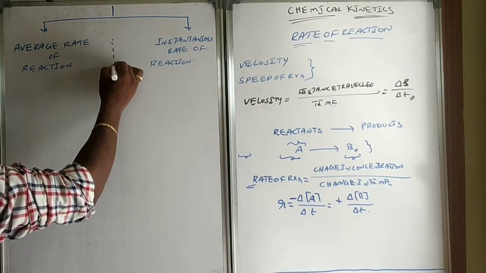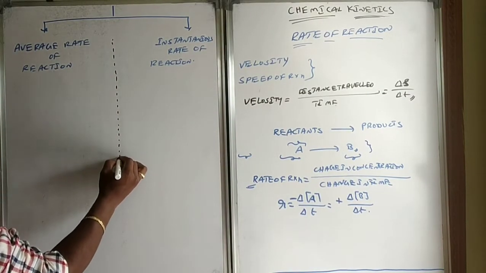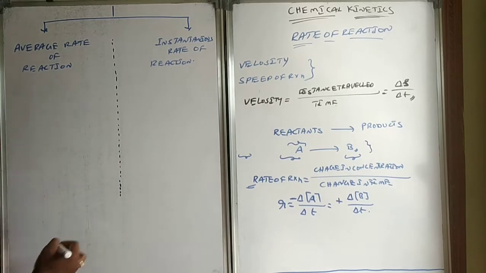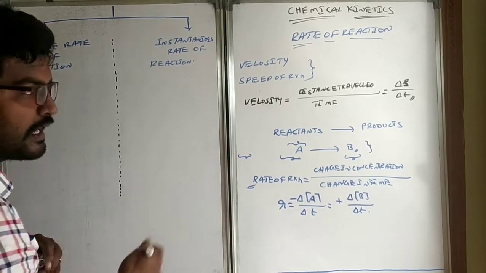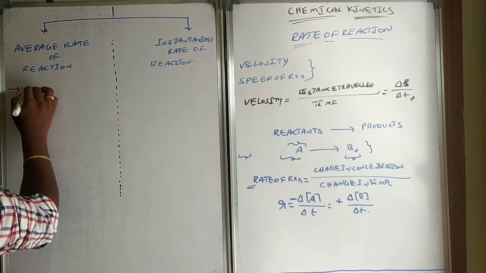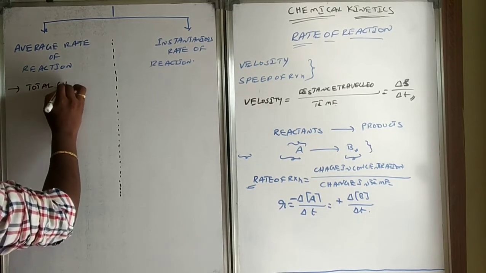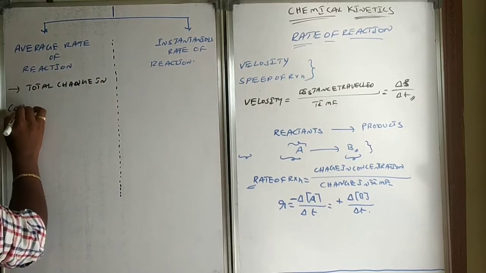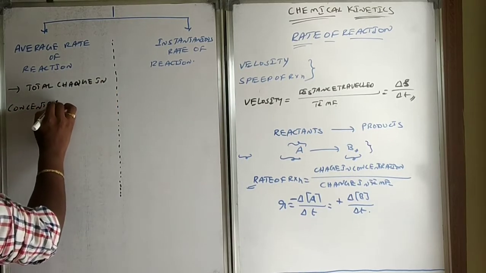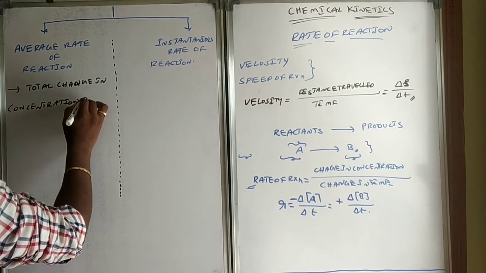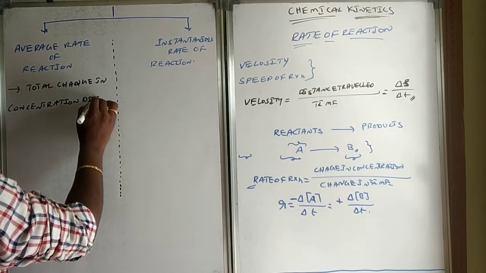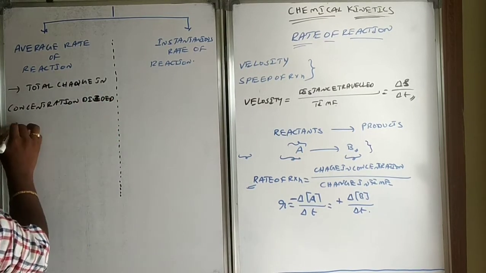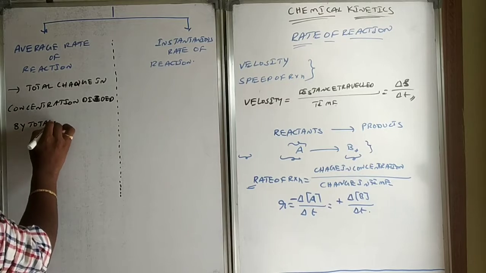What are the average rate of reaction and the instantaneous rate of reaction, and how to identify them? Let us see. Average rate of reaction means total change in concentration divided by total change in time.